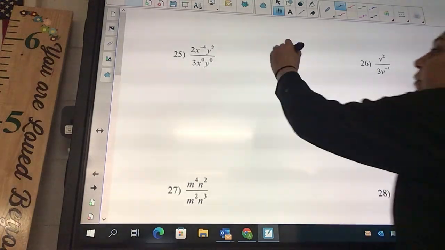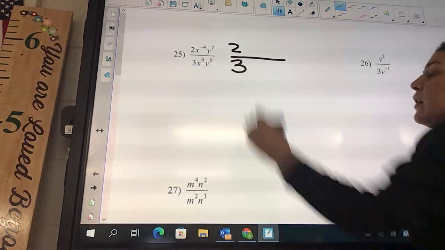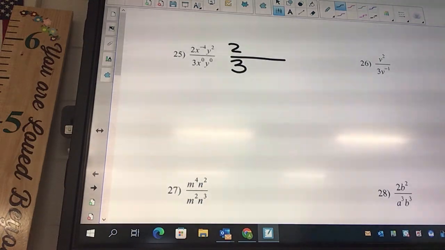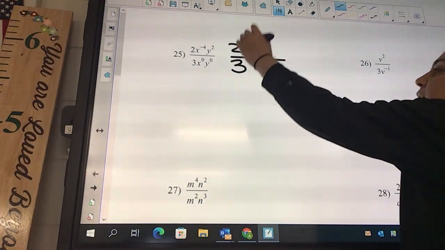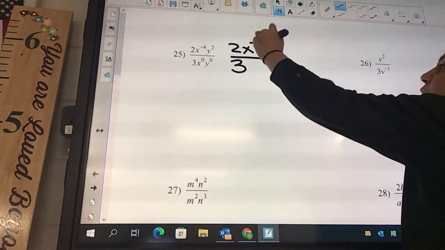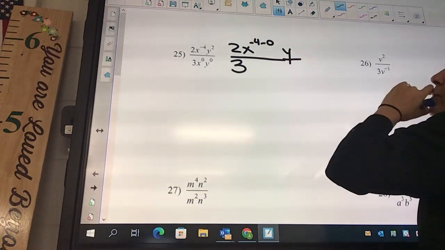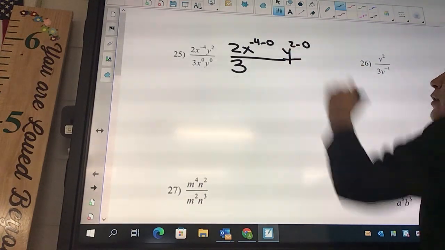Okay, 25, put your bigs where they go, or the bases. Okay, and then we got x's, so start with the x's. X to the -4 minus 0, and then it's going to be y to the 2 minus 0.